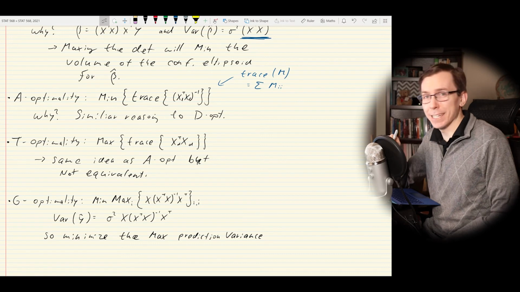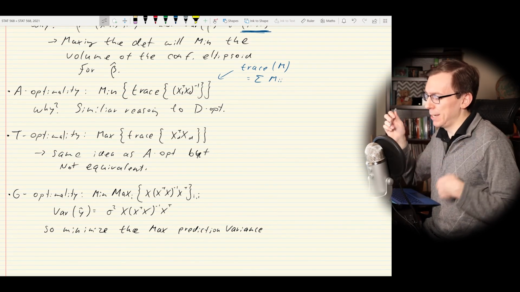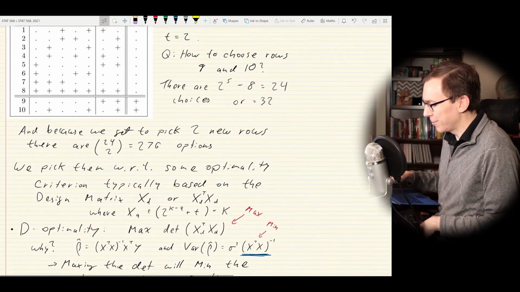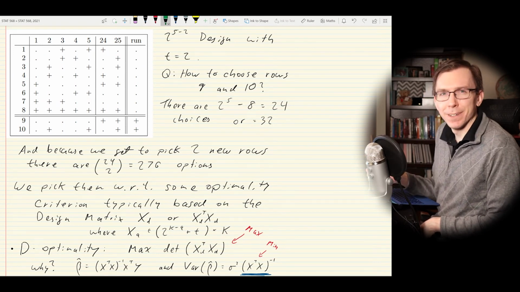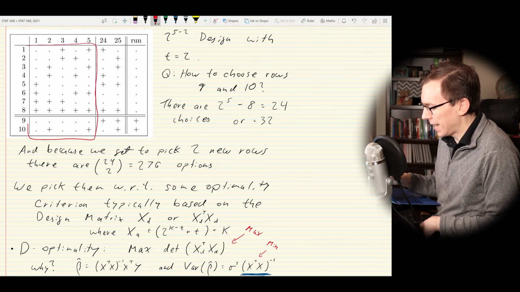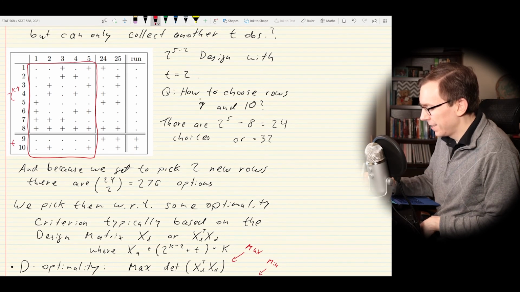And if we go to Wikipedia, we'll find even more crazy optimality criteria, but a lot of them are typically based on the design matrix, because that's exactly what we're doing here. We're adding rows. This is the design matrix. It has 2 to the k minus q plus t rows, and it has k columns.